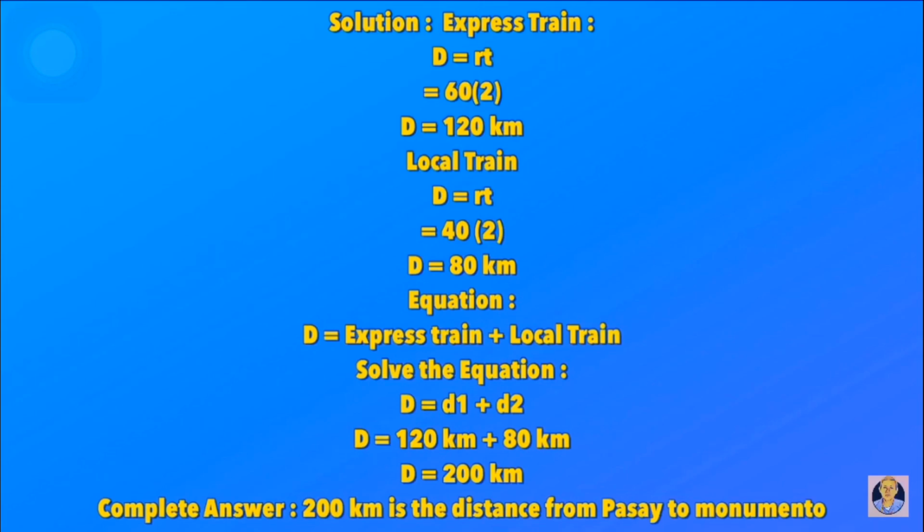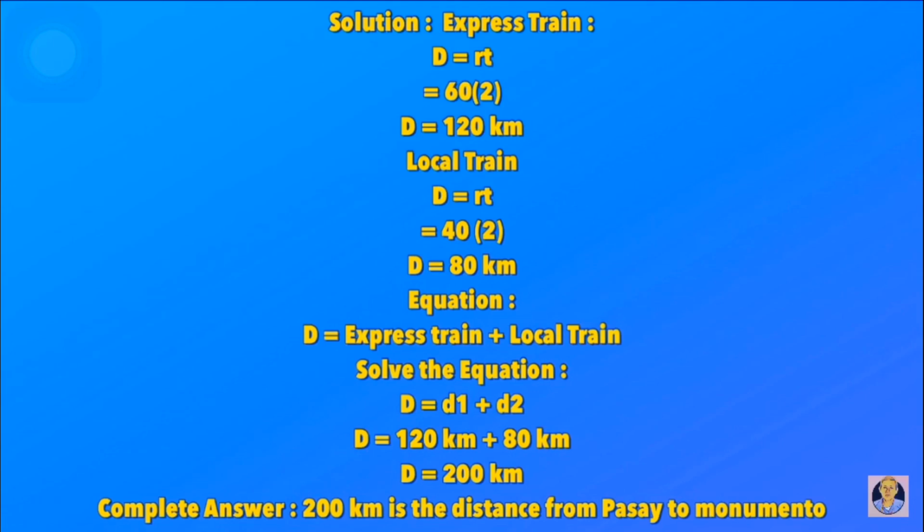Then the rate of express train is 60 and the time covered is 2 hours. So it becomes distance of the express train is 120 kilometers. The local train, we have the rate is 40 times 2, we have the distance covered is 80 kilometers. So our equation is distance equals the express train plus the local train.